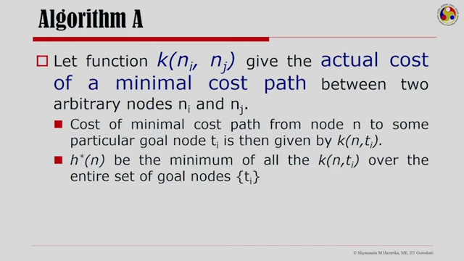Let us say we have a function k(n_i, n_j) that gives the actual cost of a minimal cost path between two nodes n_i and n_j. Now, the cost of the minimal cost path from node n to some particular node t_i is then given as k(n, t_i).